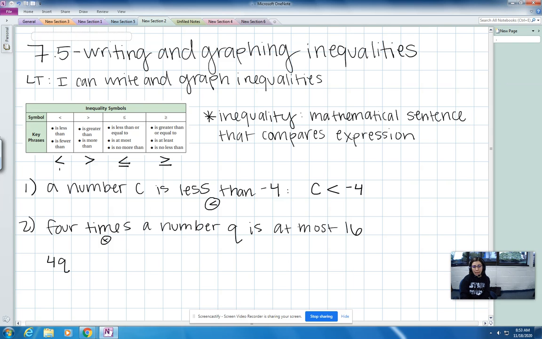Then we see the words at most. So let's go up into our chart. Right here, I see is at most. So we're going to go ahead and use the less than or equal to sign. Is at most 16. And there we go. All we did is replace these words with different numbers, variables, and symbols.